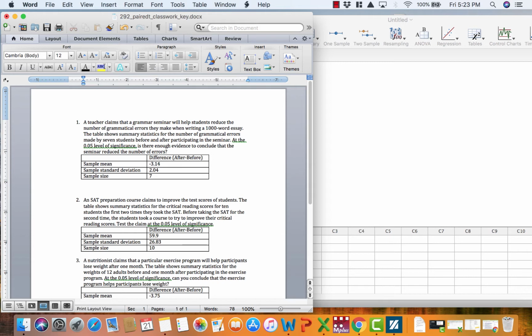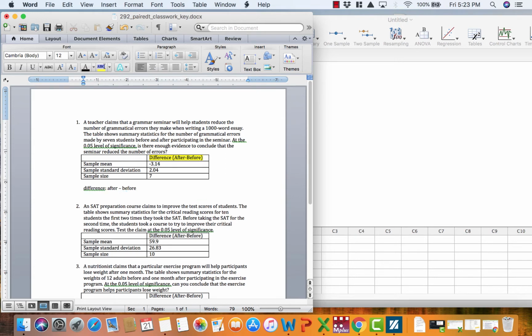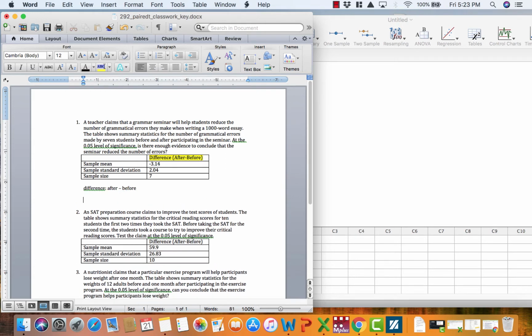As stated here in the summarized data, we are defining the difference as after minus before. So we want after to be fewer than before. Again, we want the grammatical errors after to be less than before.